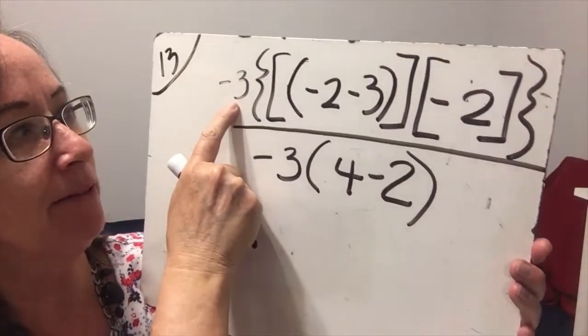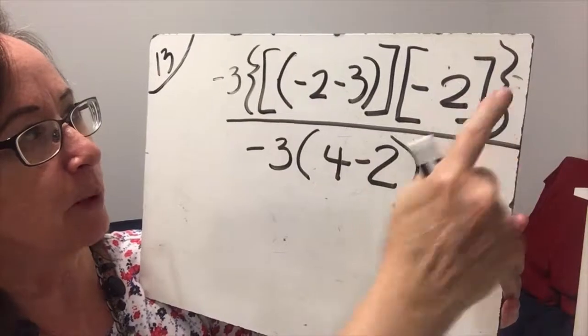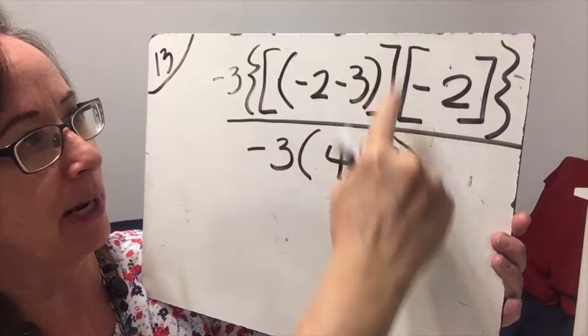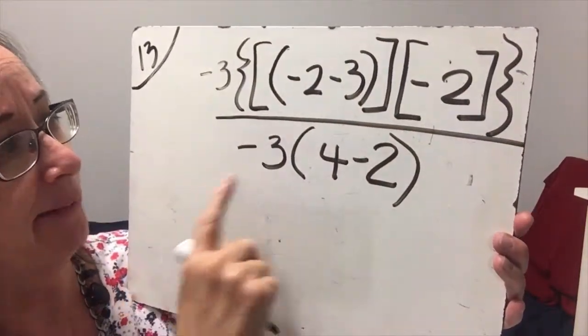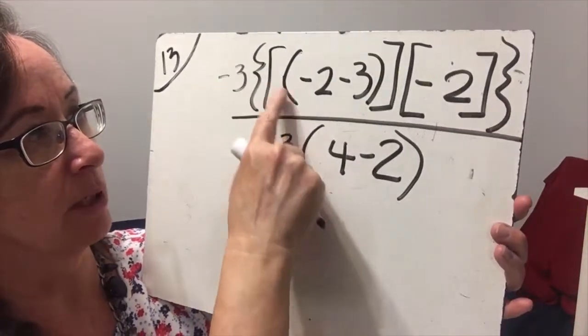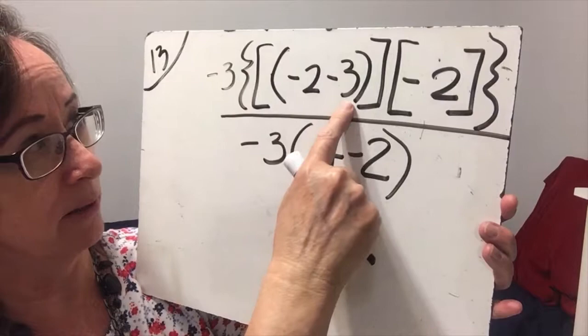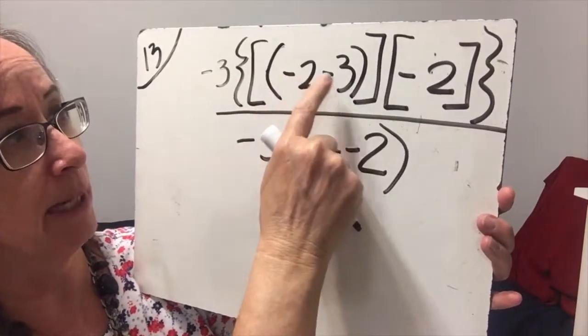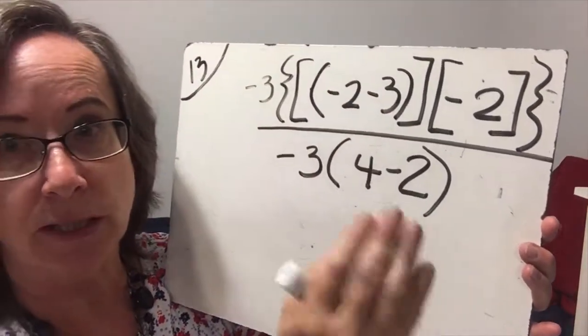So we have a -3 in front of this brace, and then we have a bracket, bracket, bracket, bracket, and then on the bottom we have more. Okay, so what I'm going to do is I'm going to look specifically right here. So I've got -2 minus 3 is my innermost on the left.